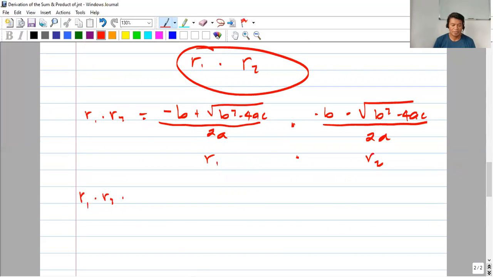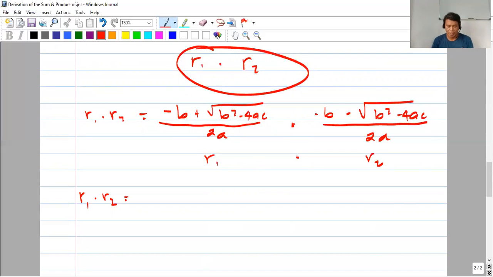So we recall the rule in multiplying fractions. In multiplying fractions, be it similar or dissimilar, we just multiply numerator by numerator and denominator by denominator.